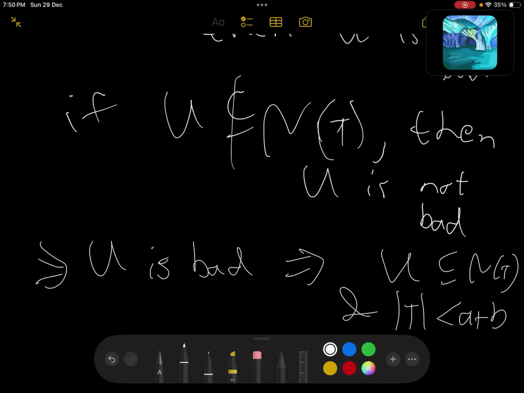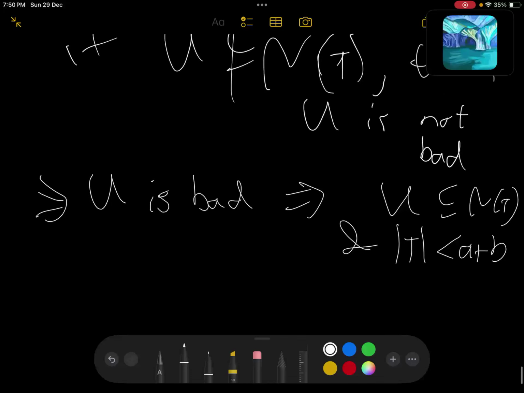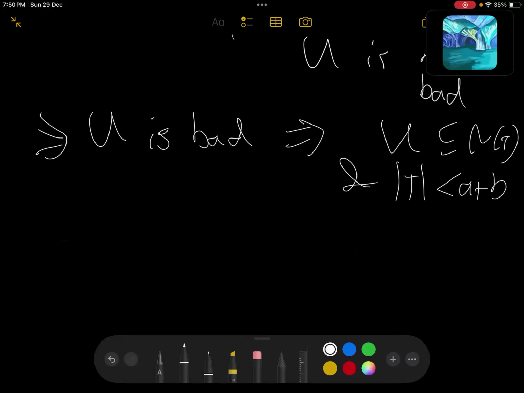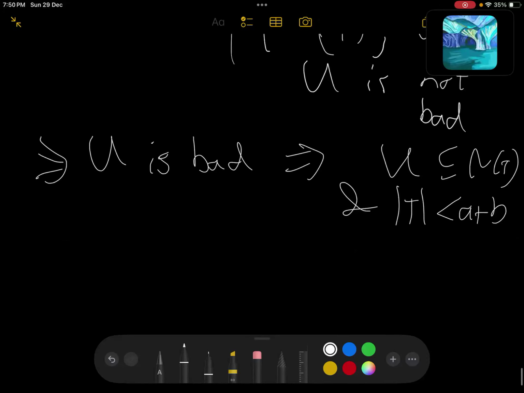Otherwise, if U is not in NT, then U is not bad by definition. So what I'm saying is, if U is bad, then U is a subset of NT, and mod T is less than A plus B. Now remember, what we have chosen is T. And I'll add one more thing, that's just from the definition of bad.